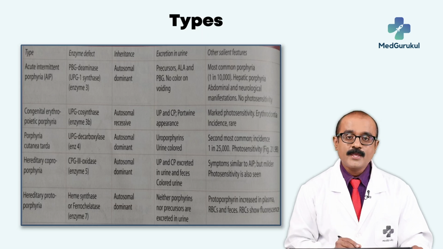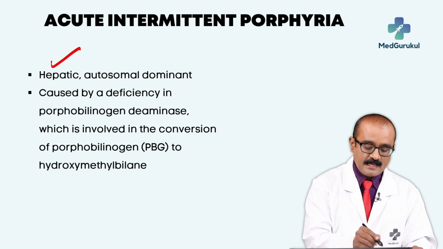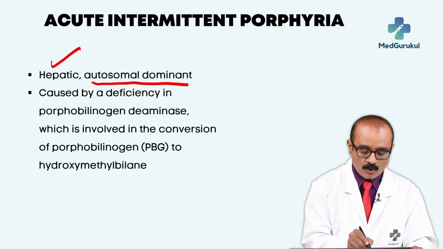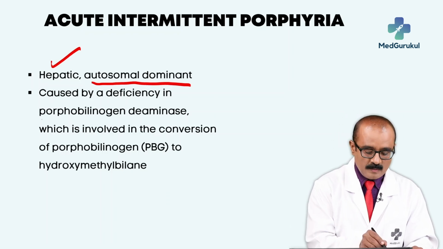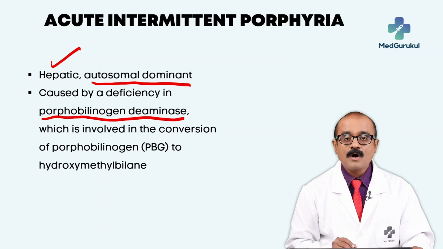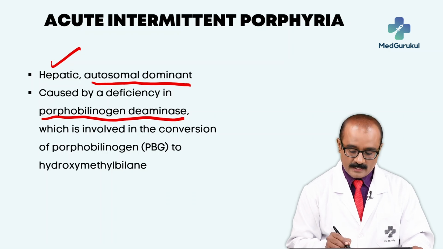Coming to acute intermittent porphyria. It is the most common porphyria, the congenital type which is actually being seen. It is hepatic in nature and autosomal dominant. It is caused by deficiency of the enzyme PBG deaminase, that is porphobilinogen deaminase, which is involved in the conversion of PBG to hydroxymethylbilane.